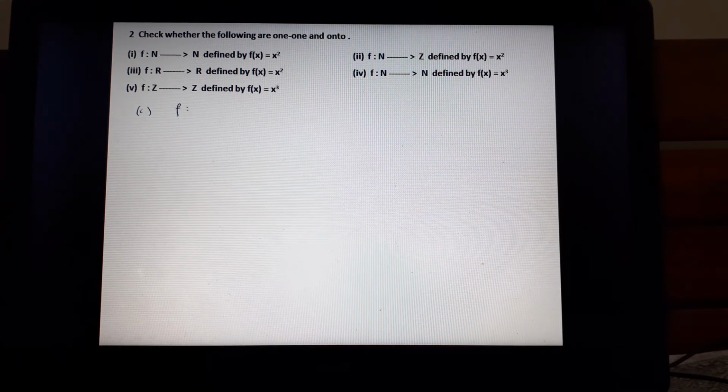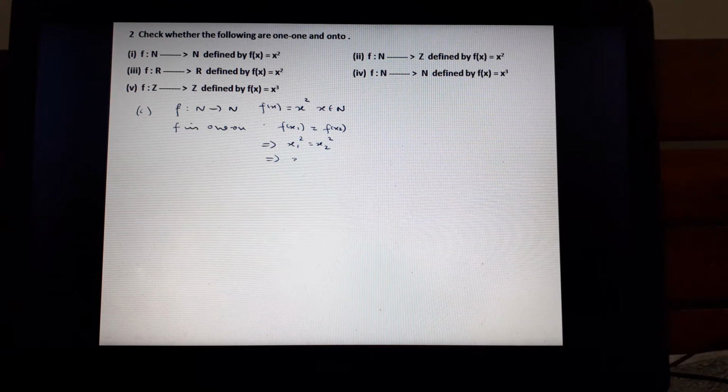f is from N to N defined by f of x equal to x square, x belonging to N. So f is 1-1 because f of x1 equal to f of x2 implies x1 square equal to x2 square.